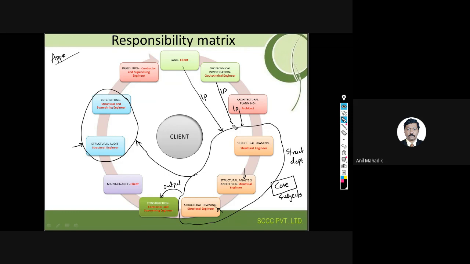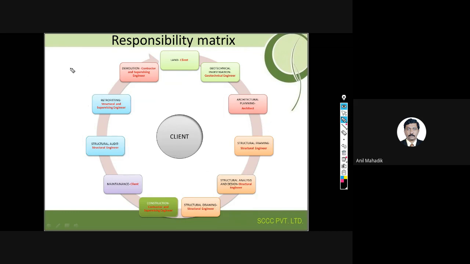So we are learning the core. What is our field? Structural engineering. Okay, our field of subject. Structural engineering is our field. So there will be one core study of structural engineering, and there are some allied studies, allied knowledge.